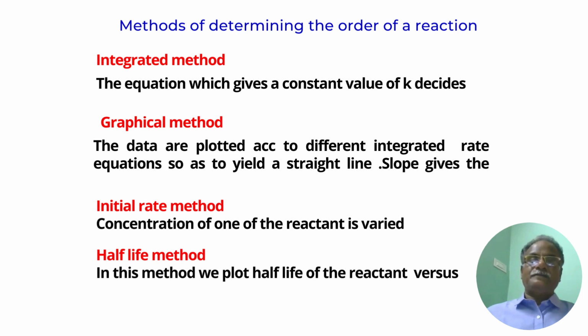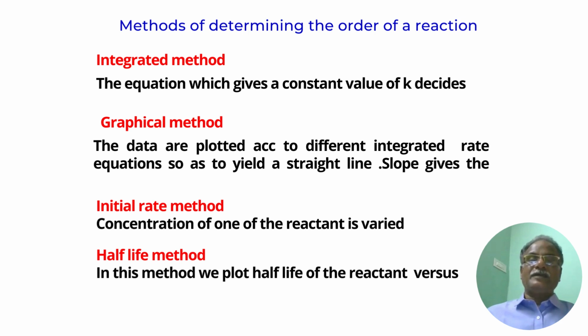Graphical method. The data obtained from the experiment are plotted according to different integrated rate equations, so as to yield a straight line. The slope gives the value of the rate constant. Initial rate method. The concentration of one of the reactants is varied.